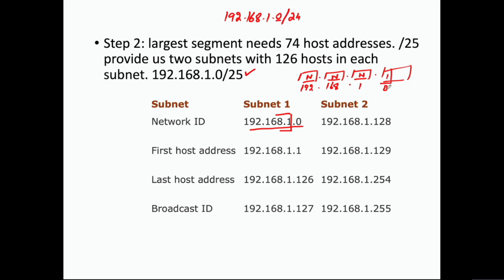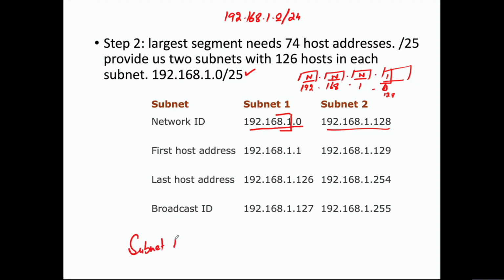If its value is 0, I will have the address 192.168.1.0, and if its value is 1, I'll have this value. So there are two possible subnets, 192.168.1.0 or 192.168.1.128. And what would be the subnet mask, by the way?